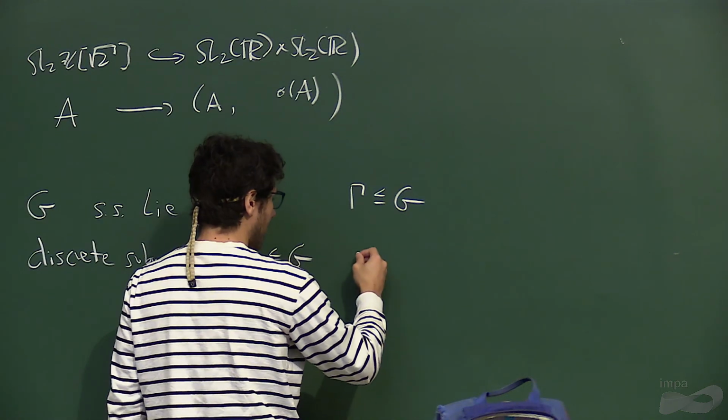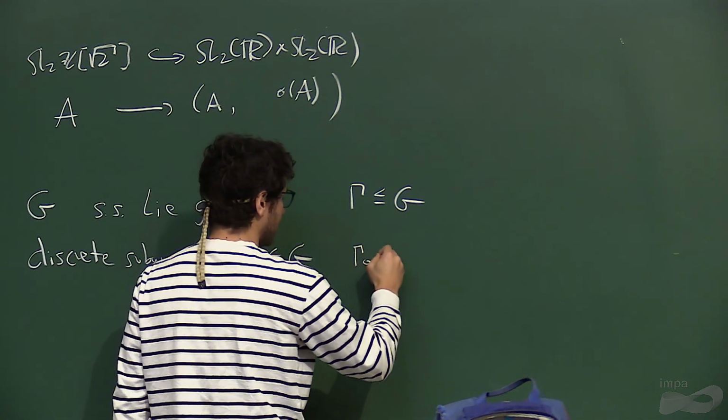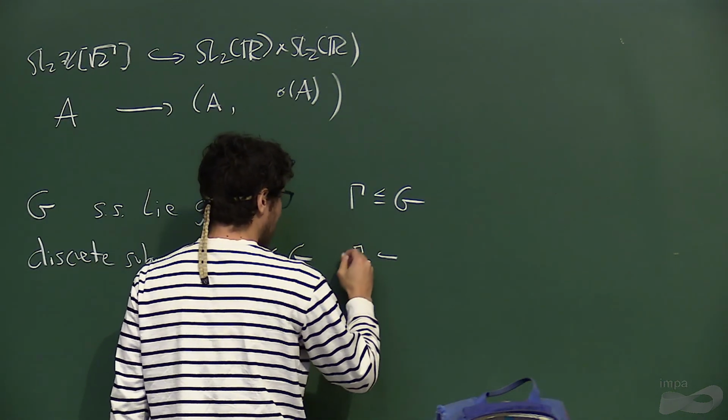let's identify Γ0 with a diagonal embedding.